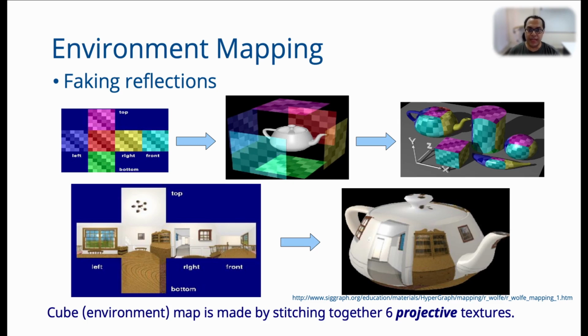The same idea of using a cube map can be used to fake reflections. Imagine you are trying to render a shiny silver teapot and you want to create reflections on the surface of this teapot. Then what you can do is keep your camera at the location where you will keep your teapot.